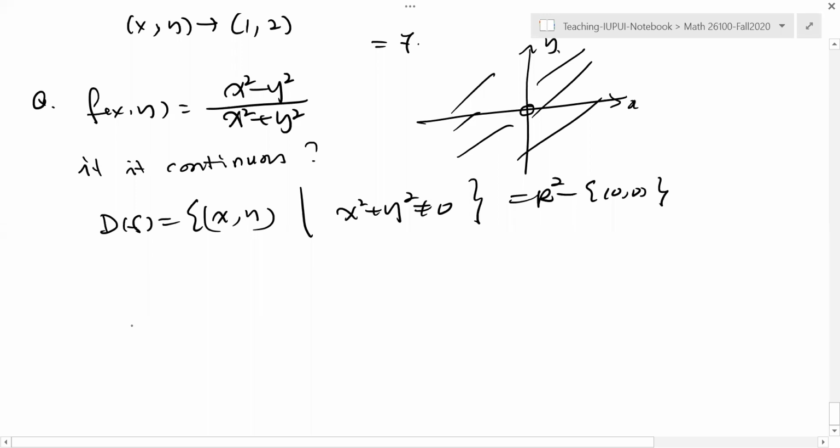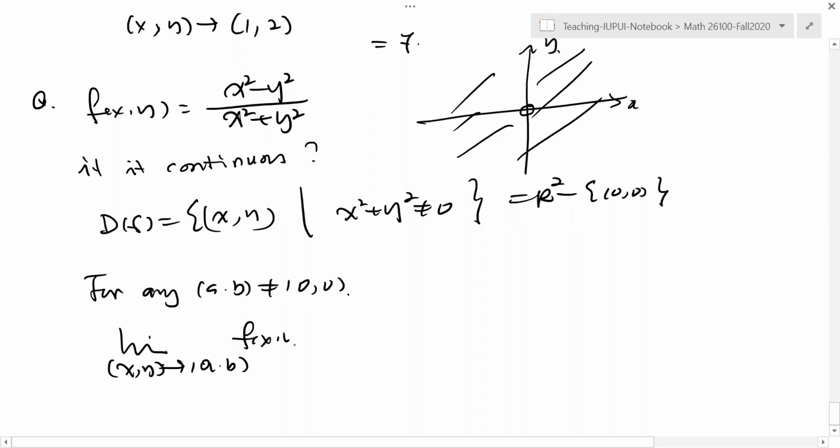According to the above theorem, for any (a, b) not at the origin, the limit as (x, y) approaches (a, b) is just equal to the value of the function. It's very simple: a squared minus b squared over a squared plus b squared.